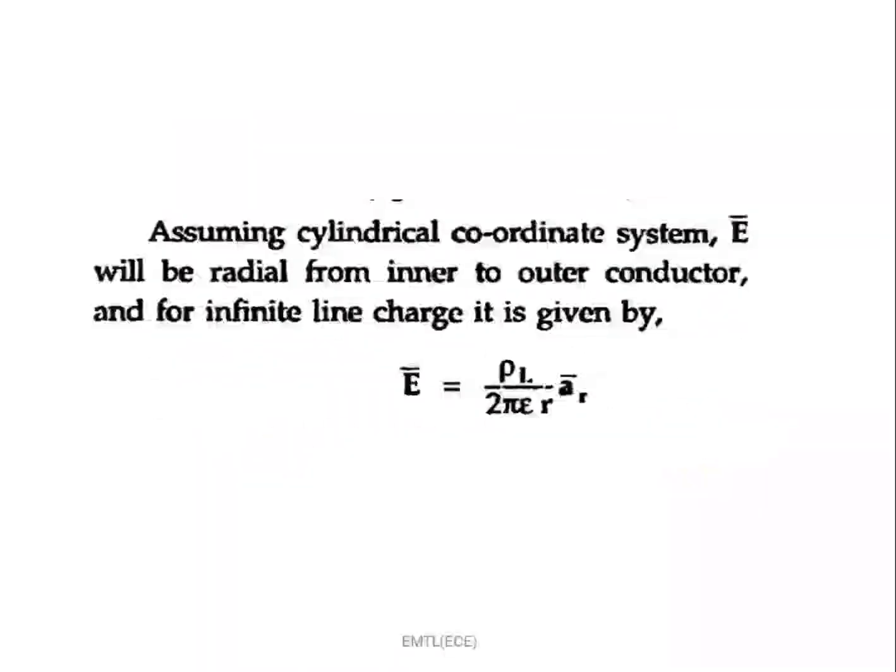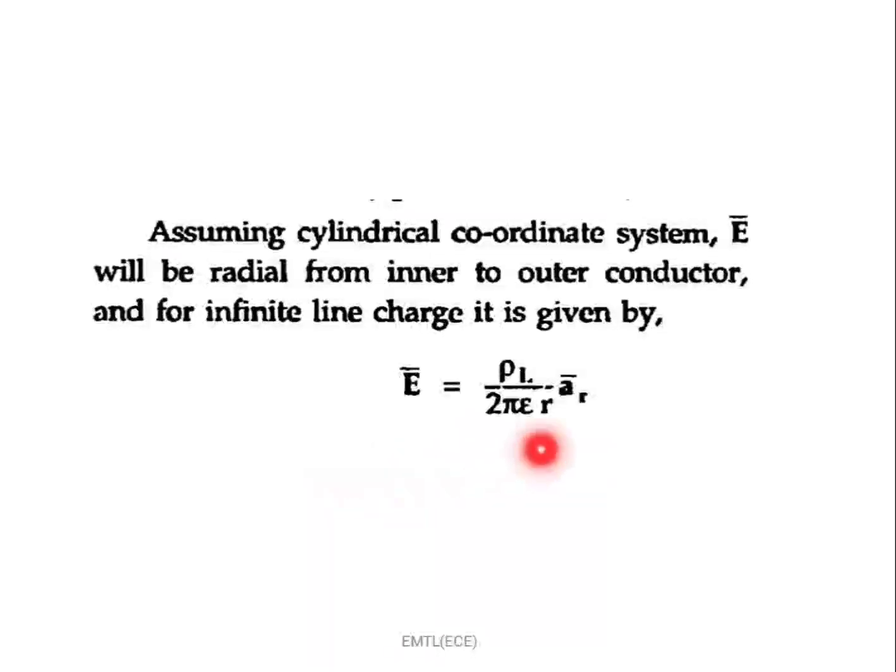Now the expression for the electric field intensity for this case is obtained by assuming a cylindrical coordinate system. By taking an infinite line charge, the case here is also applicable.